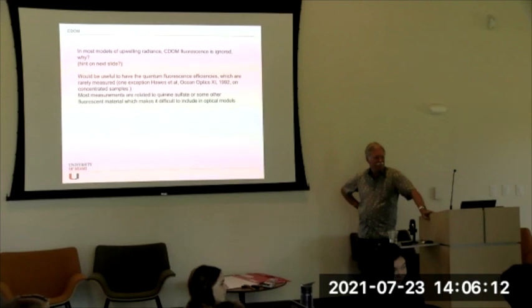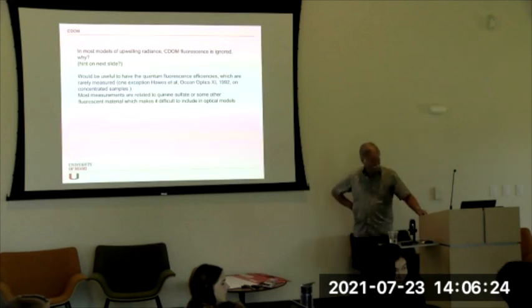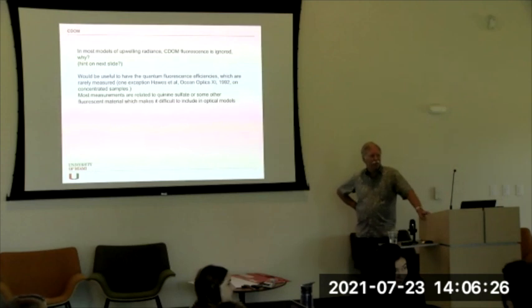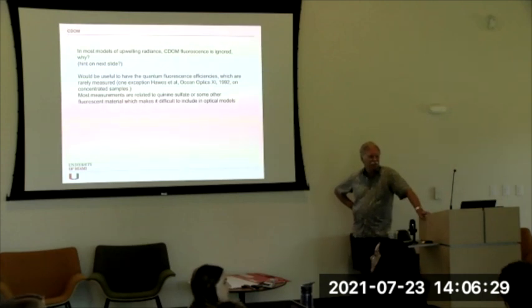Then all you care about is what is 440 relative to 550? Well, that's okay. But I need to have a real absorption spectrum per liter to put in the Hydrolight or Monte Carlo code. And Haas's masterpiece was never published. It's not available, but I have a copy. He's the only guy that had the numbers that I need to put CDOM fluorescence in the Hydrolight. And he did this fabulous thesis and then disappeared and has never been heard from since.